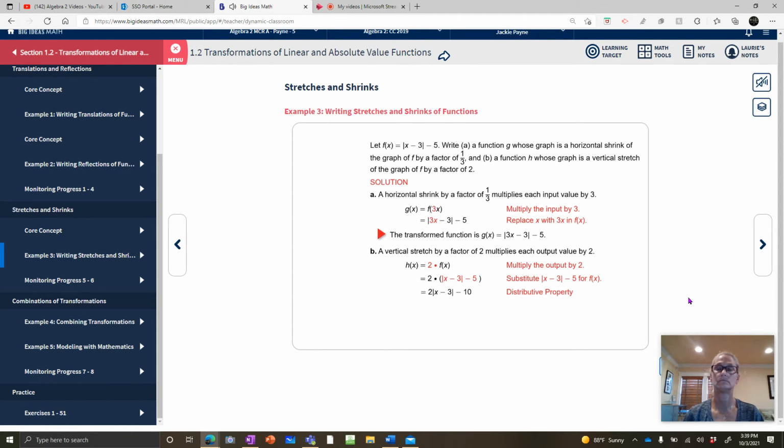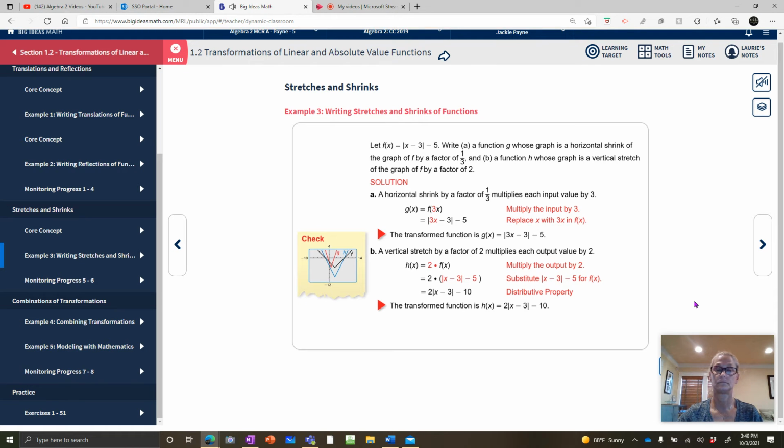Apply the distributive property to get 2 times the absolute value of quantity x minus 3, minus 10. So the transformed function is h of x equals 2 times the absolute value of quantity x minus 3, minus 10.